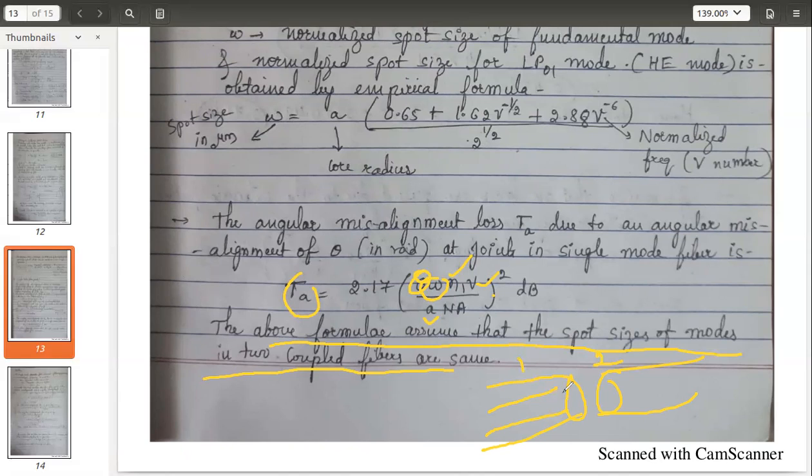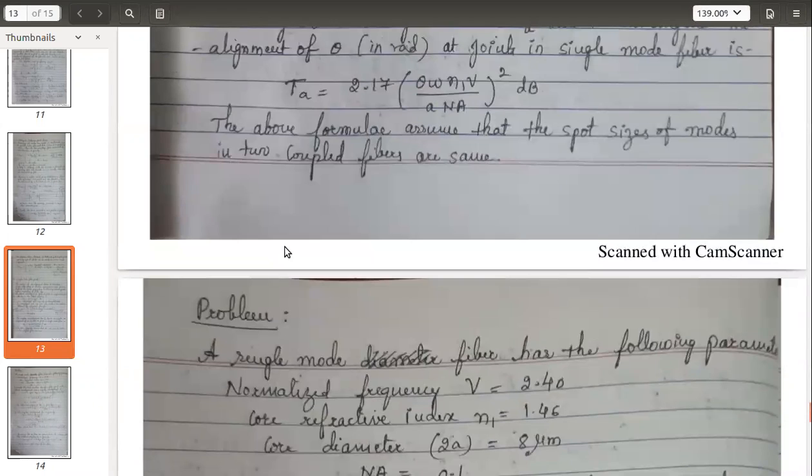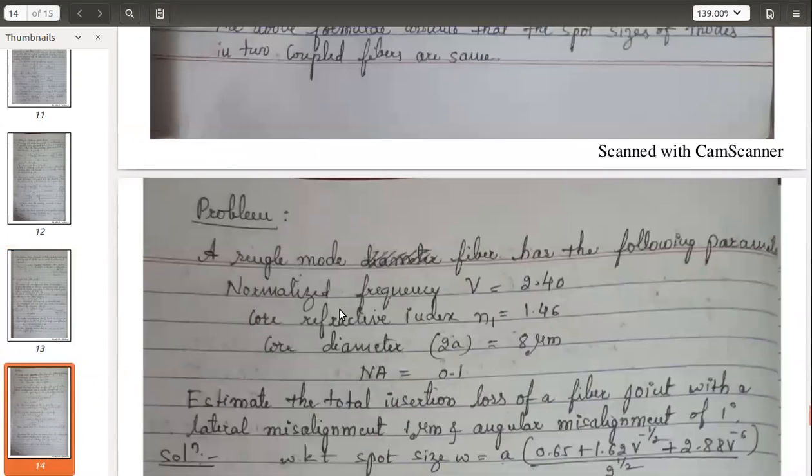The mode in which it is propagating has a certain spot size, and the second optical fiber's mode spot size is the same. With this assumption, we have written the equations for TA and TL both. But if the mode sizes are different, we have an equation for that also.